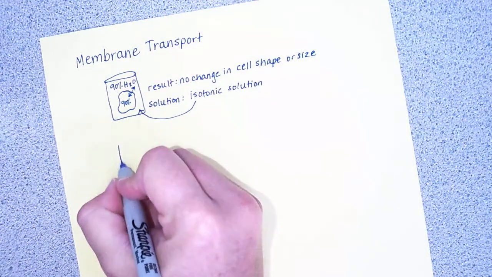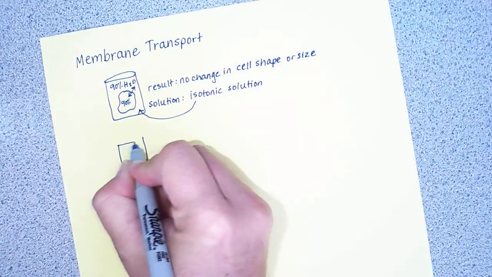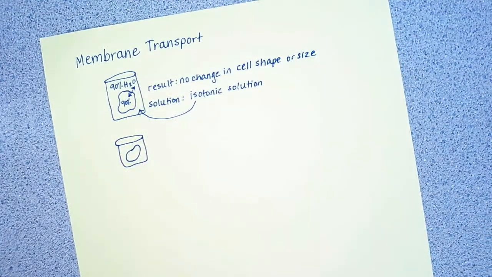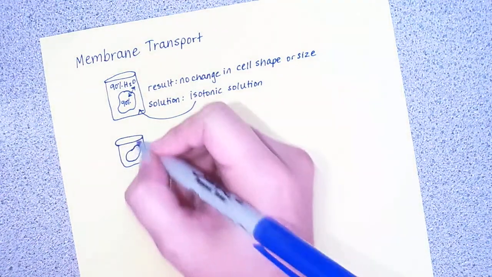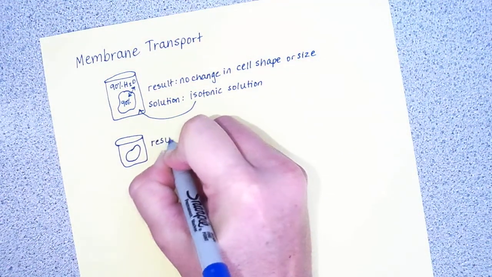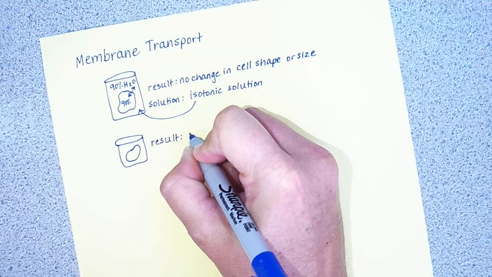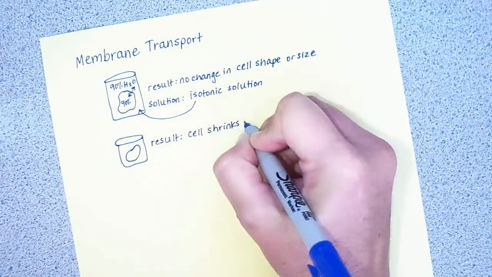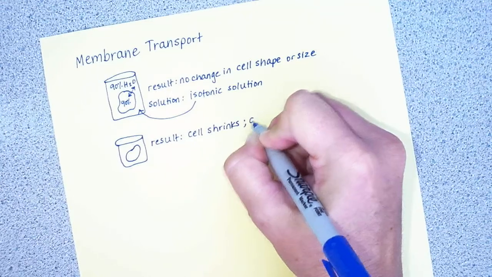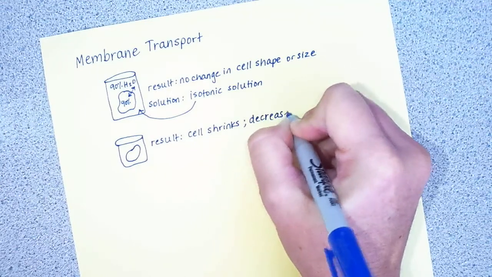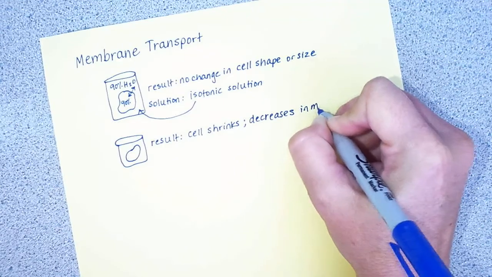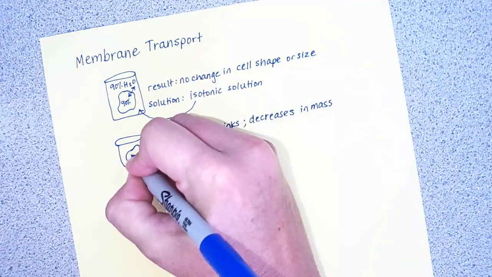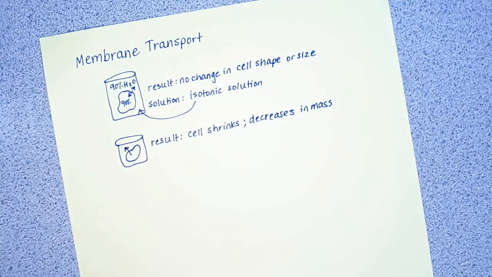Let's say we have another example of a cell, maybe sitting in a cup. And let's say we notice that the result of the cell sitting in the cup is that the cell shrinks, or it decreases in mass. The reason why this would be happening is because water would be leaving the cell.